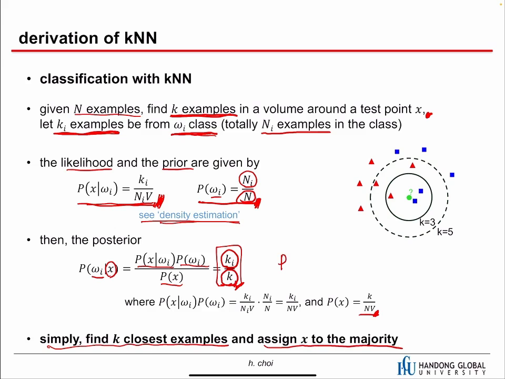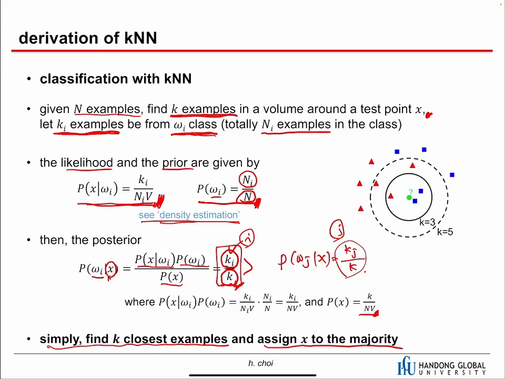Let's say the posterior of omega j given x is kj over k. If we have class i and class j, we can compare the two posteriors, and if this one is greater than this one, then x belongs to class i. Otherwise, it belongs to class j.